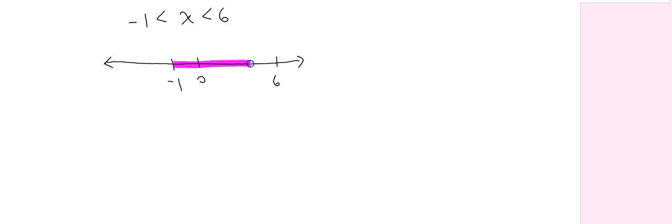So x is less than 6, so we have to use a parenthesis, but it's greater than negative 1, so here too. And lastly, we have our interval notation. My interval notation says I go from negative 1 to positive 6. Both cases, right?